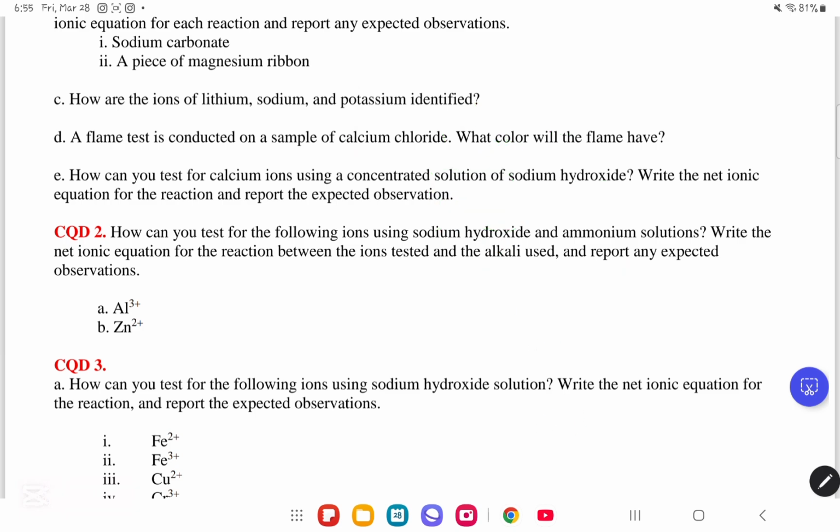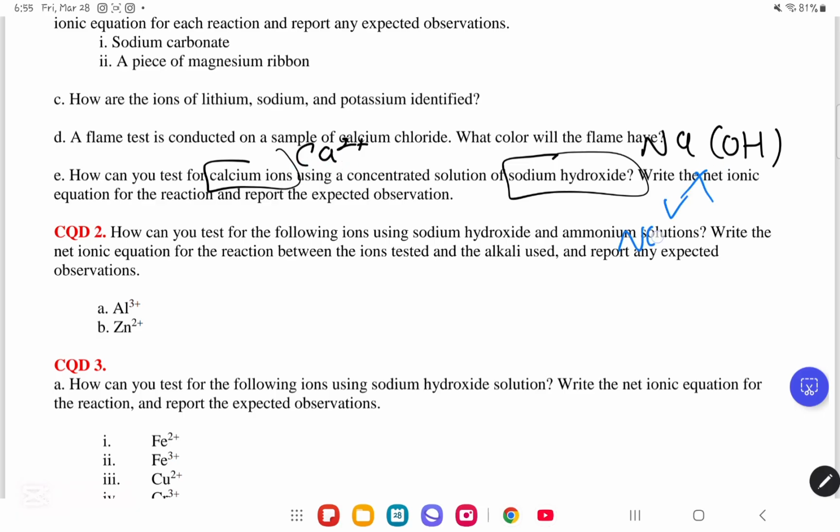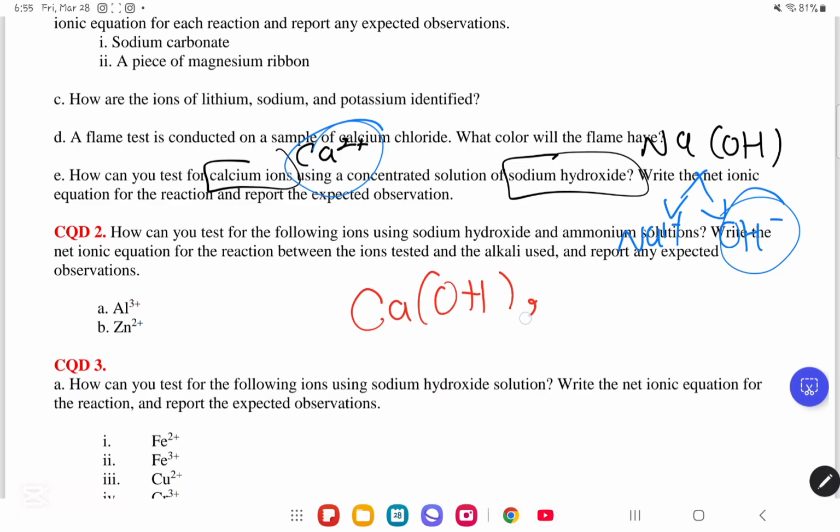We move on to part E. How can you test for calcium ions using a concentrated solution of sodium hydroxide? You're testing for calcium ions, which is the Ca2 plus ions, in the presence of sodium hydroxide, NaOH. Now you're going to separate these into their ions, so you have Na plus and OH minus. Because Ca2 plus is positive, it's going to take the negative side of the equation, so it will become Ca(OH)2.